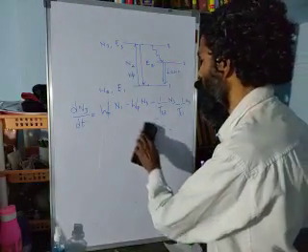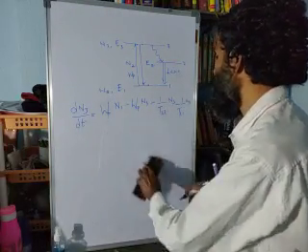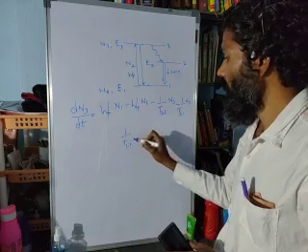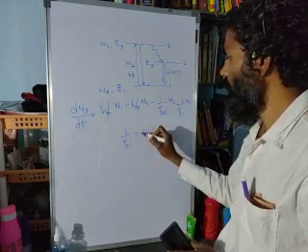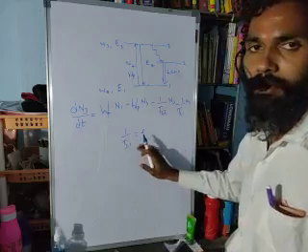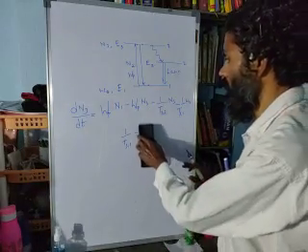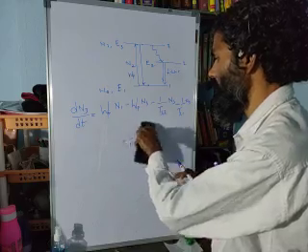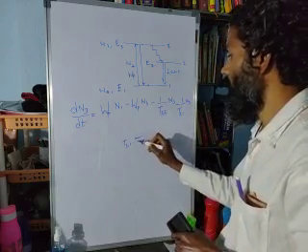So anyways, what we do is we assume that this 1 by t31 is a very large number.